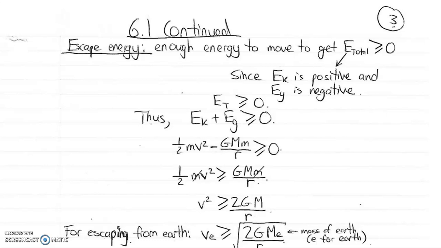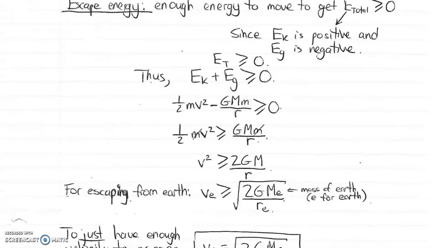I'm going to rearrange this by bringing GMm over r to the other side, adding it to both sides. I notice that the masses that I have here, assuming this is like a spaceship and Earth, the mass of the spaceship is on both sides there. We can cancel it out. And rearranging this for v squared, I'm going to multiply both sides by 2.